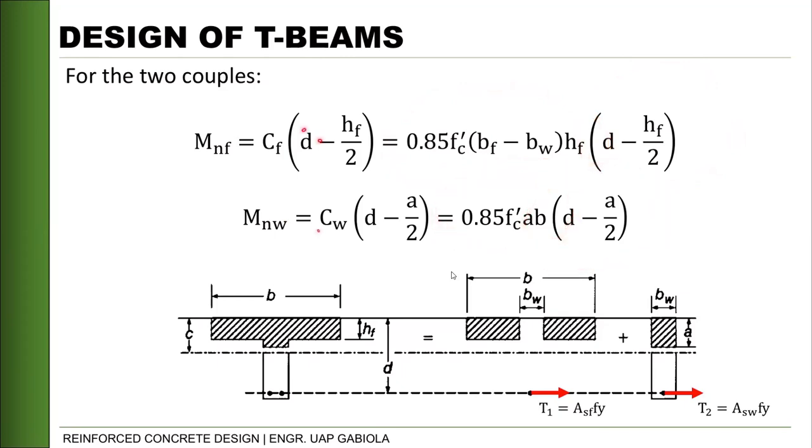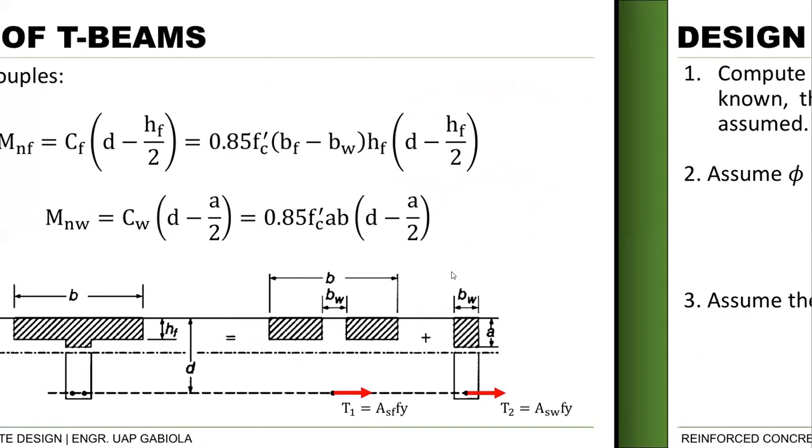Adding these two will yield the nominal moment capacity of our section and will determine the number of rebars we need for the given properties of the T-beam to be designed.